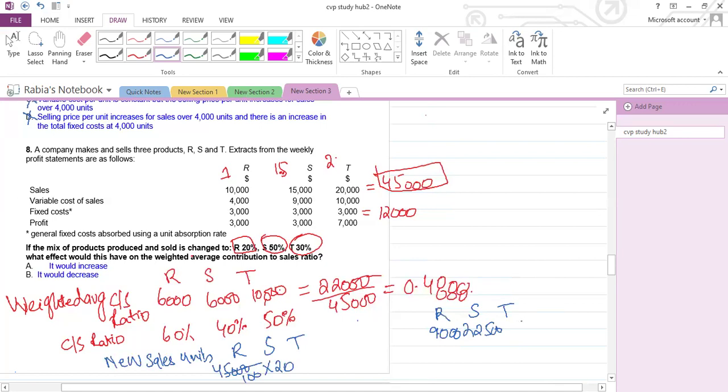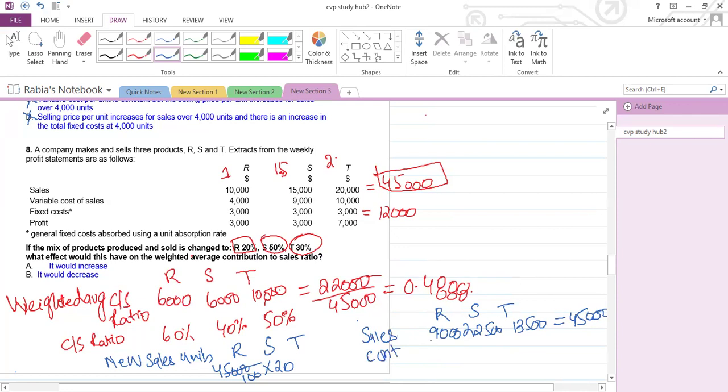And for T, it is 13,500. Your total sales is 45,000. Now we will calculate our contribution.